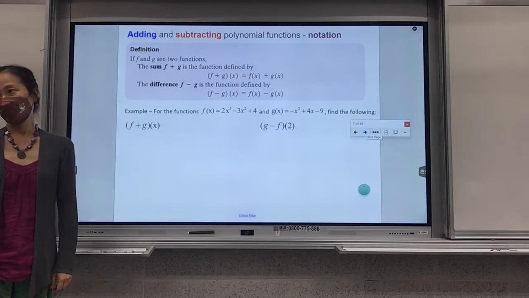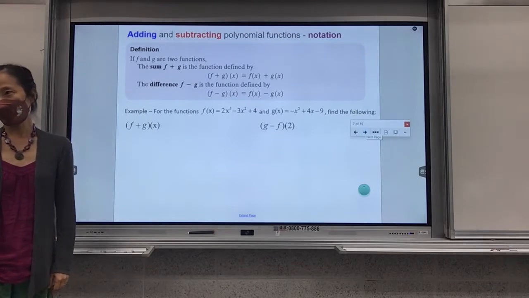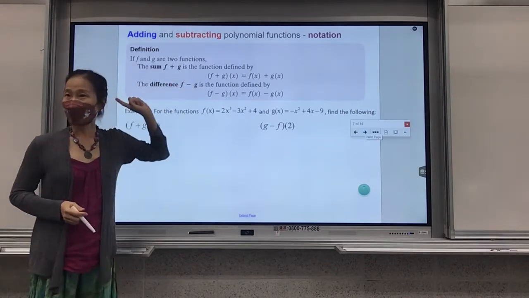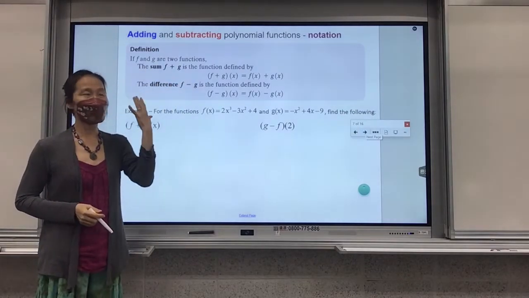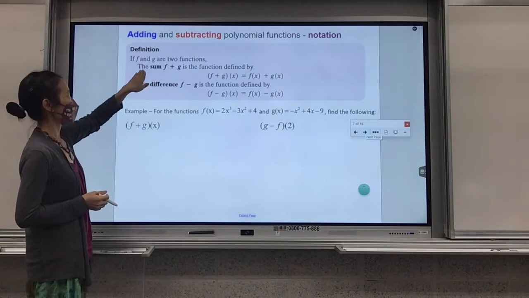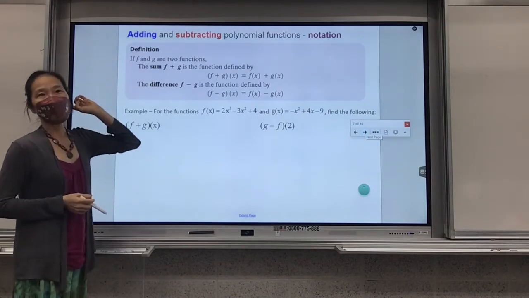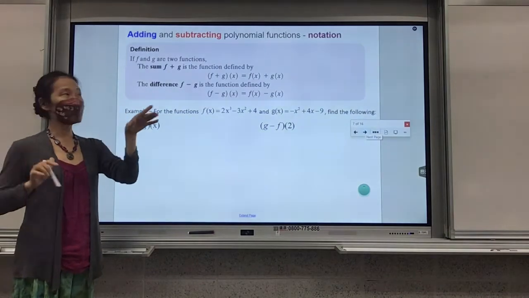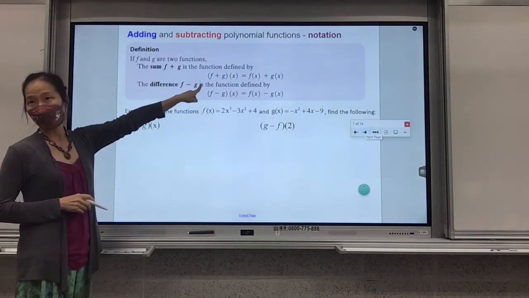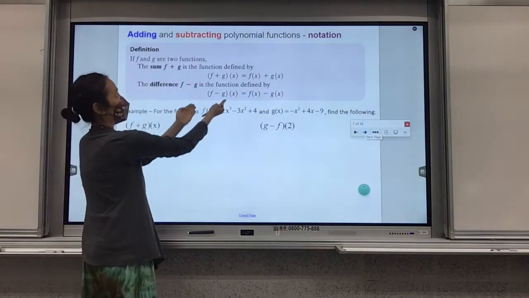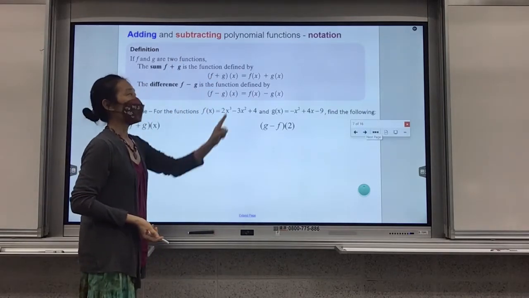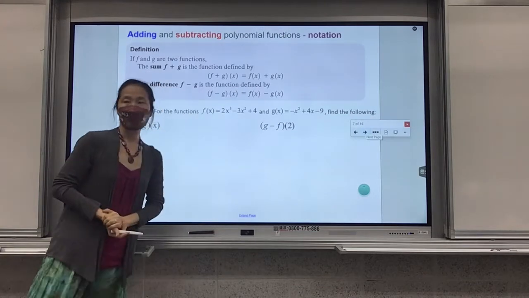Notation. You probably know how to add and subtract polynomials with like terms, but this is the notation you have to understand, right? Math language. If I want you to add f plus g, two different polynomials, I can write it as parentheses f plus g of x, or f of x plus g of x.